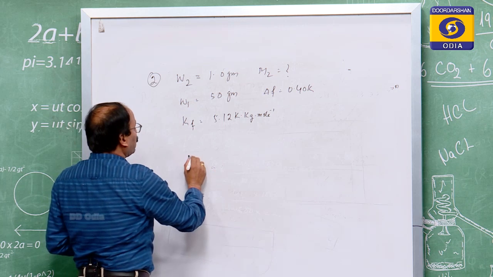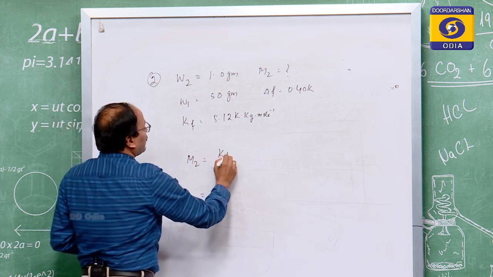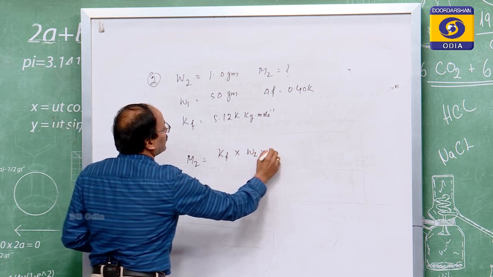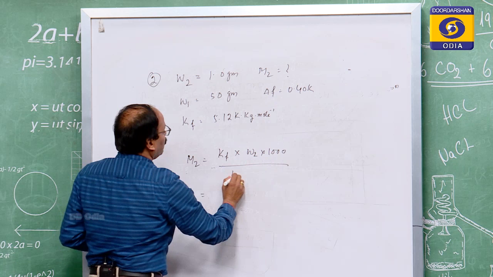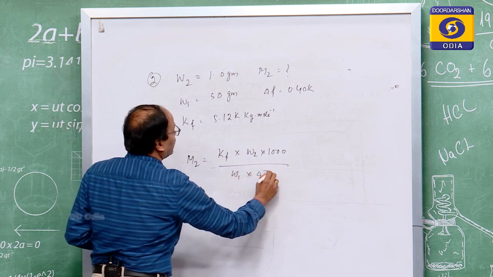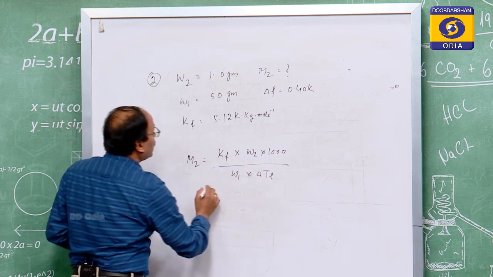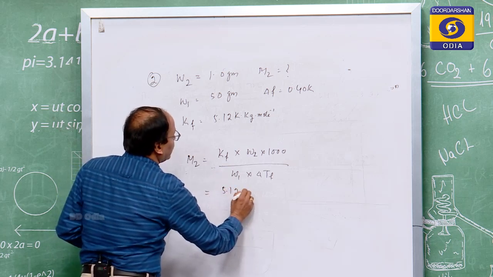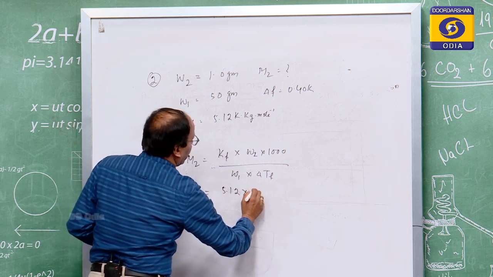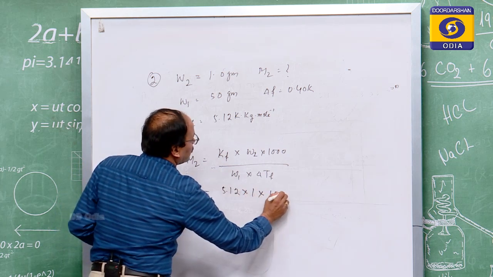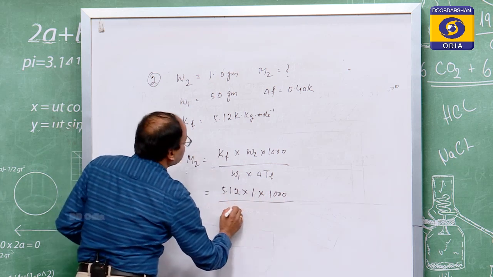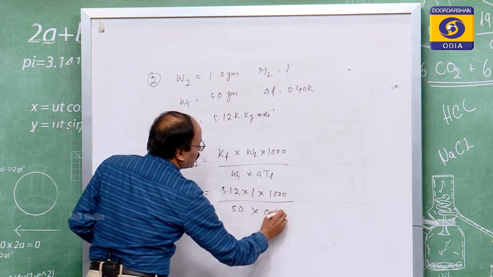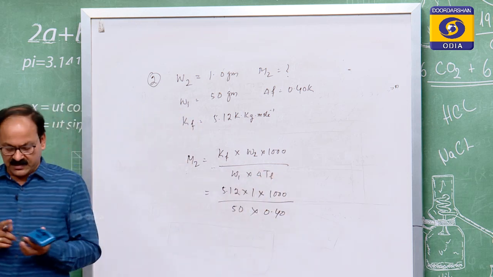The molar mass M2 will be equal to Kf into W2 into 1000 divided by W1 into delta Tf. Everything is given, you just put the value here. Kf is 5.12, W2 is 1 into 1000, divided by W1, 50 gram, into delta Tf, 0.40. So, you will calculate the molar mass of this.